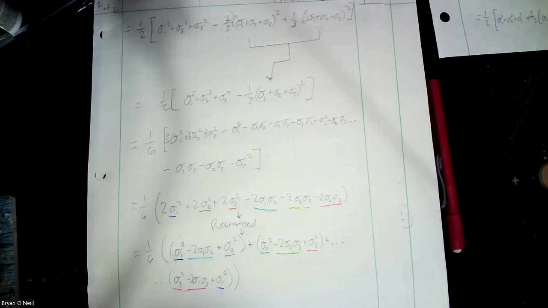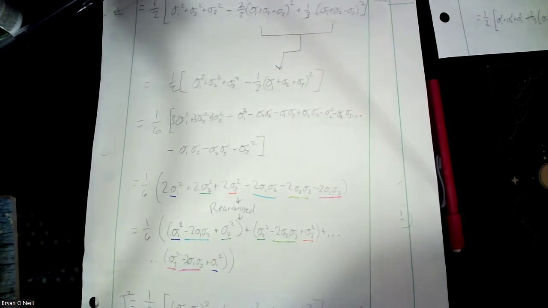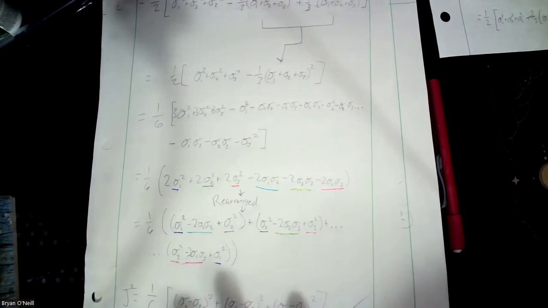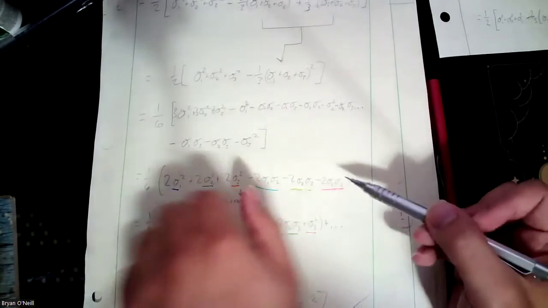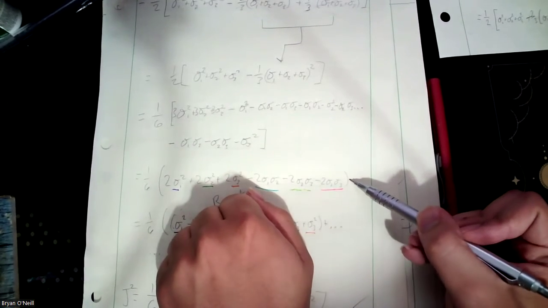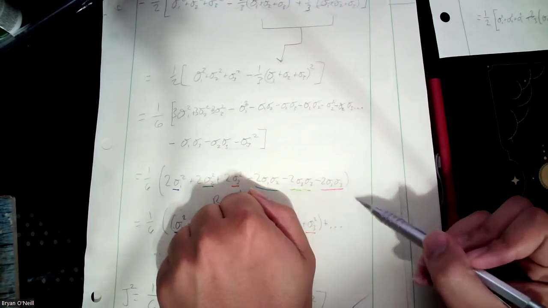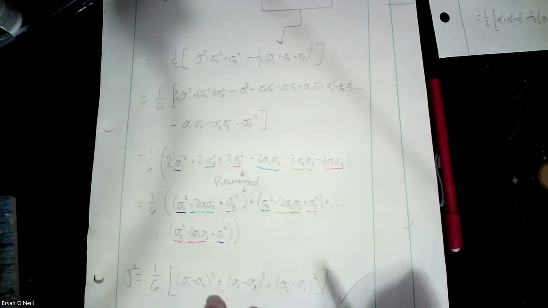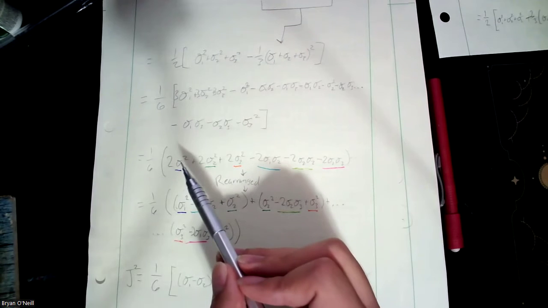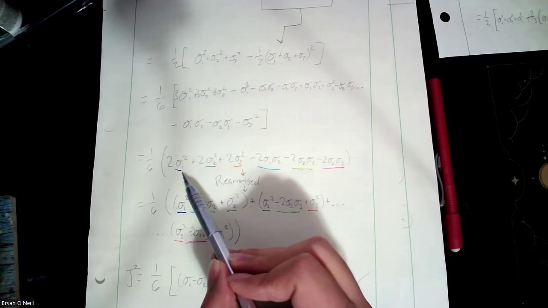So we're going to expand that, and that creates a lot of terms. Once you group them all together, it looks something like this right here. I took this and used a colored pen to help myself keep track of it all, and I rearranged it. Rearranging this, we have two sigma 1 squared up here.